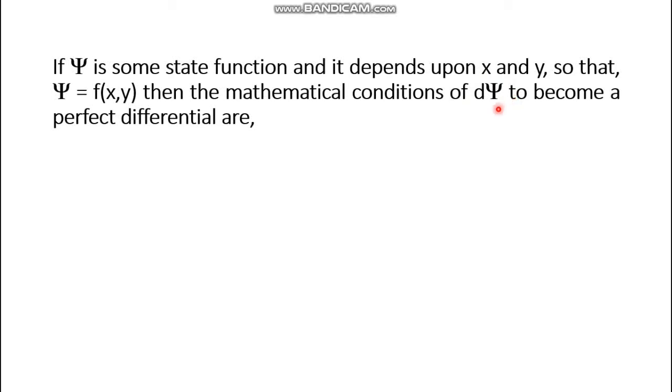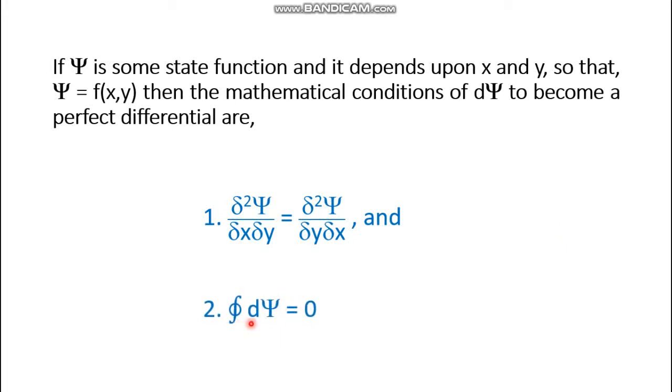What is the condition of d psi to be a perfect or exact differential? There are two conditions. One is del 2 psi over del x del y must be equal to del 2 psi over del y del x, and the cyclic integration of d psi must be equal to 0. What is the meaning of this first mathematical condition?